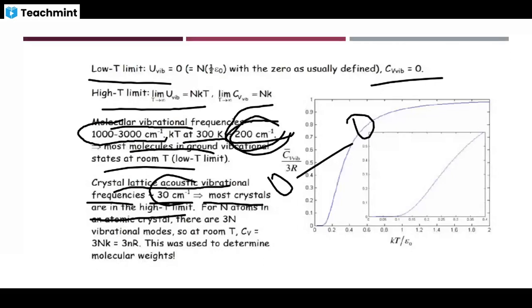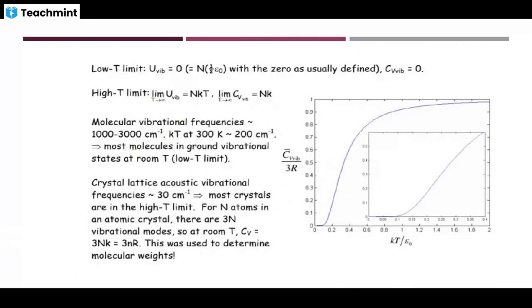For n atoms in an atomic crystal, there are 3n vibrational modes.